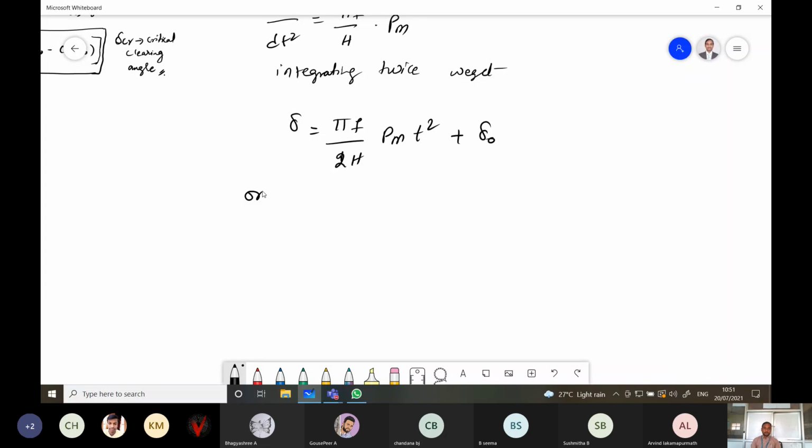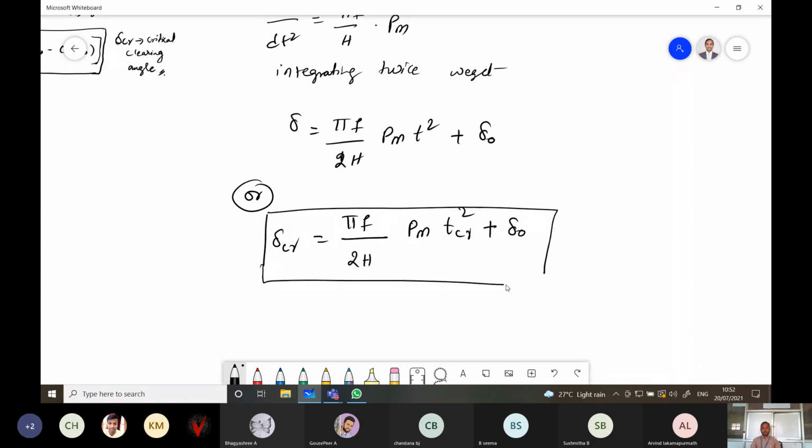Delta can be written in terms of delta CR, so substituting, delta CR is equal to pi f by 2H into Pm into t, written as TCR, that is the critical clearing time, squared, plus delta naught.